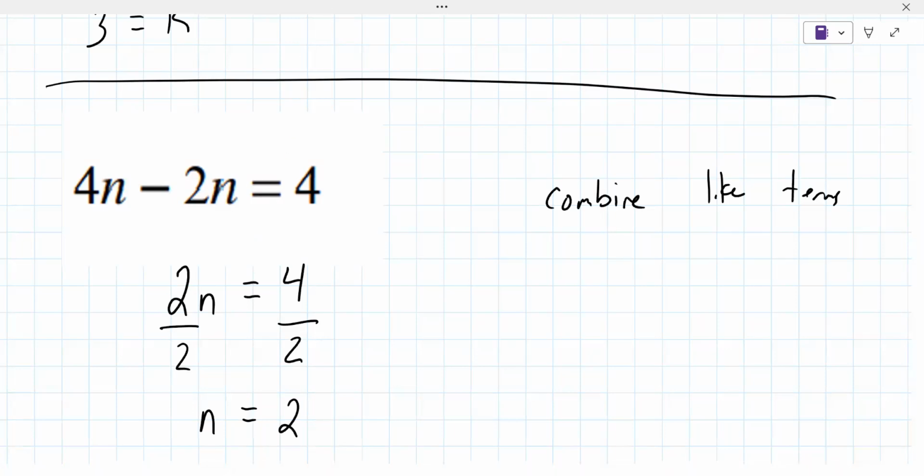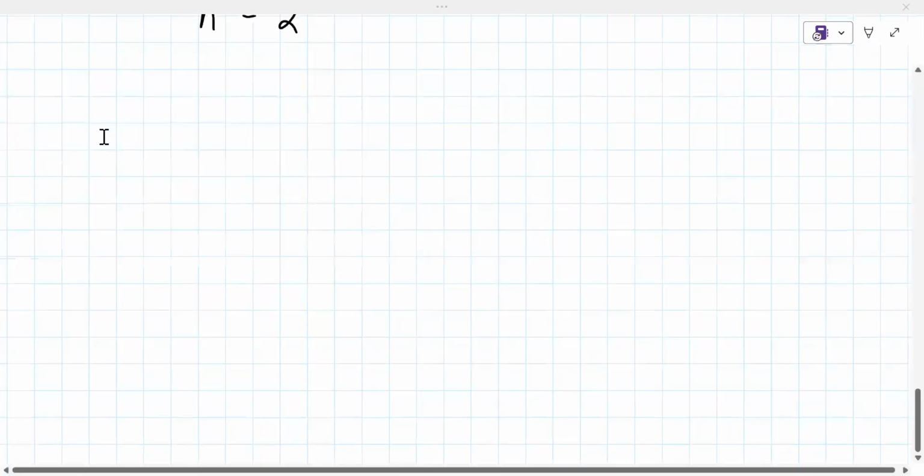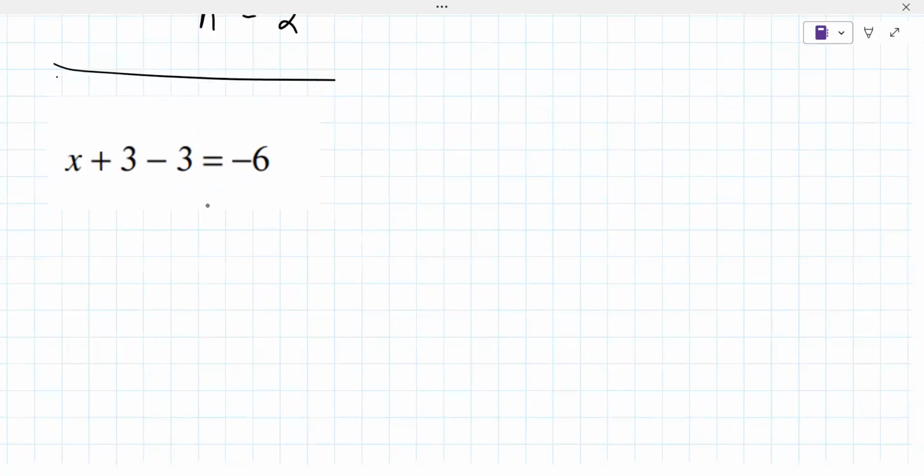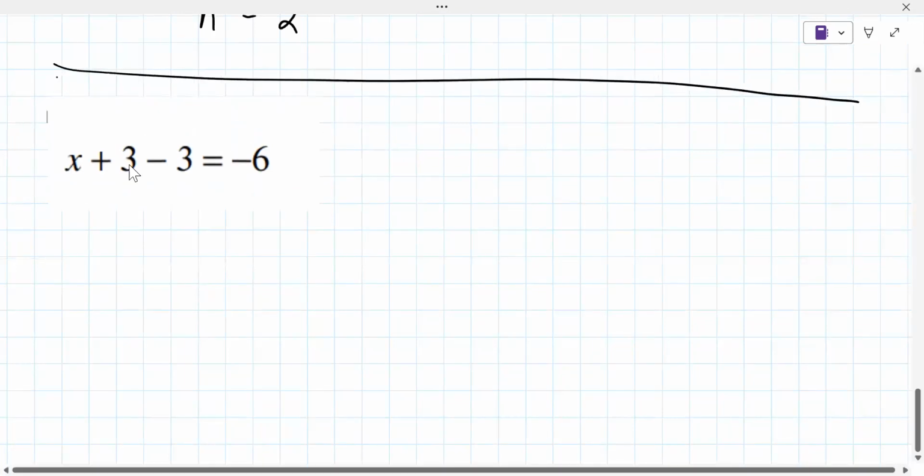All right, let's look at another problem here. So the like terms don't have to just be the variables. They can also be the numerical values in the equations. So here's a new problem. On the left side of the equation, you can combine these numerical values.